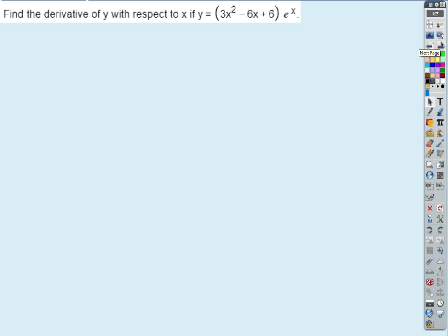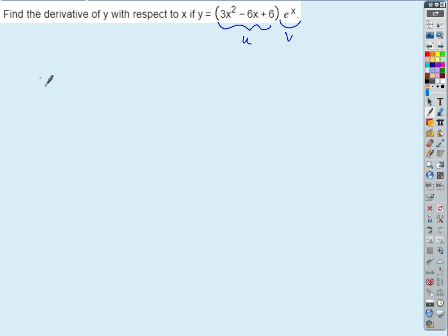So you want to do this? I mean, what would we do with this one? Well, what's my u and what's my v? U squared minus, okay, so that whole 3x squared minus 6x plus 6, this whole thing is u. And that part is v, and this is just a product rule, isn't it?